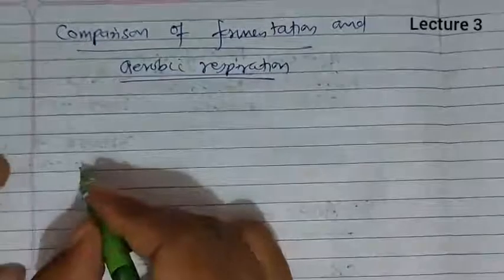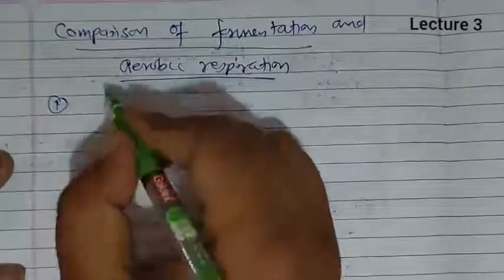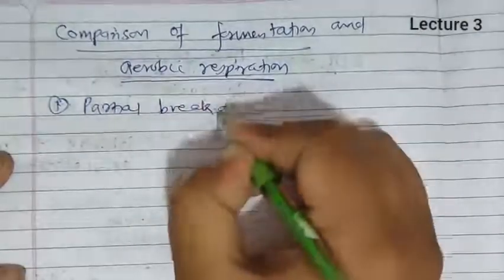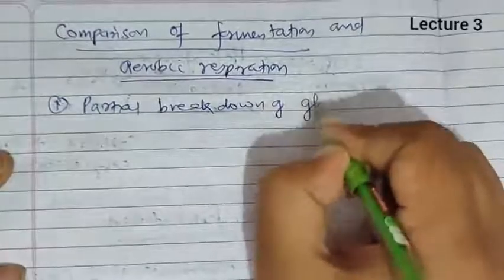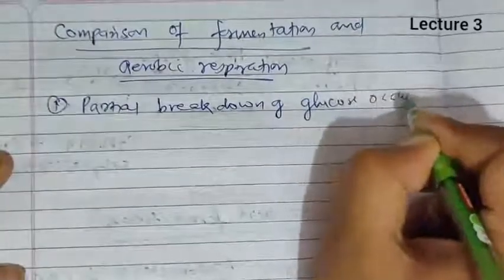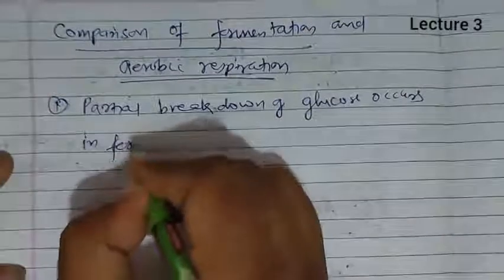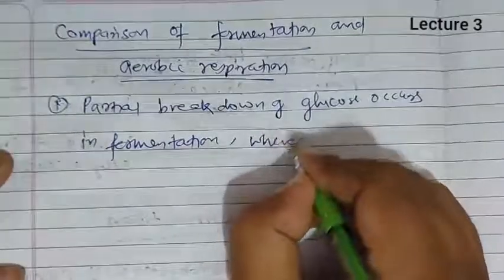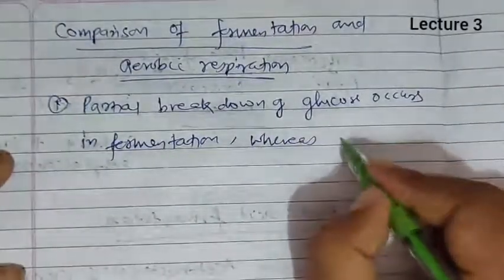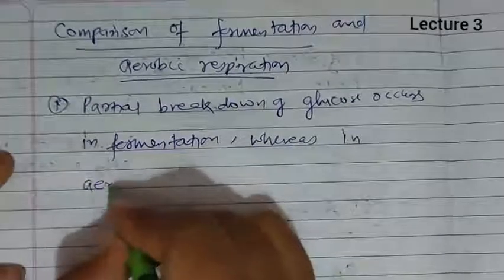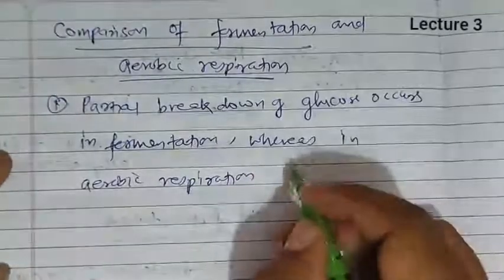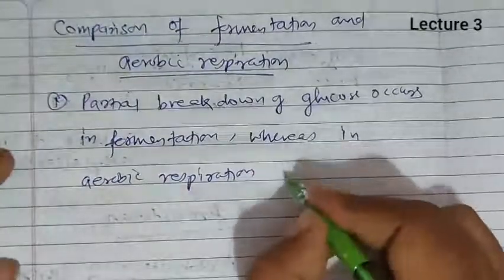In comparison, first we understand that partial or incomplete breakdown of glucose occurs in fermentation, whereas in aerobic respiration there is complete oxidation of glucose.